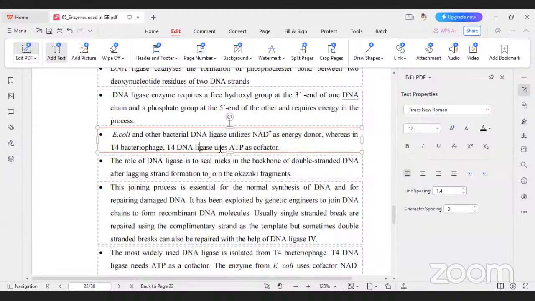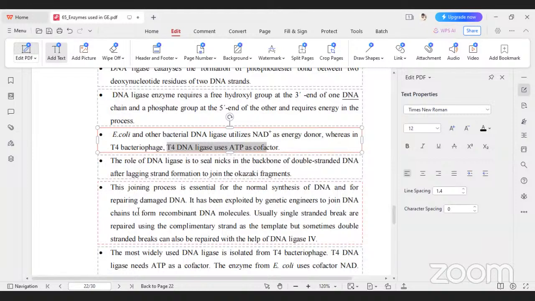T4 DNA ligase uses ATP as a cofactor and also requires magnesium ions for activity. The most commonly used ligase is the bacteriophage T4 DNA ligase. This is the most common one.